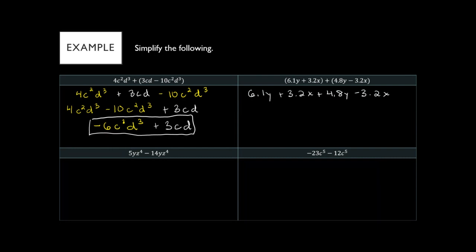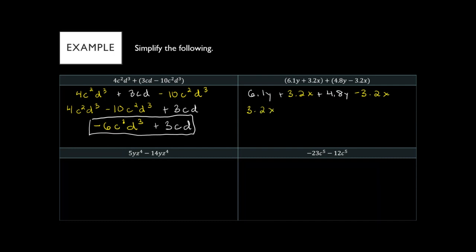So when you've got two different variables and they both have no exponent on them, we've got an x and a y, we usually put them in alphabetical order. So we would put your x's first. So we're going to do the 3.2x and the minus 3.2x. We're going to write those first.